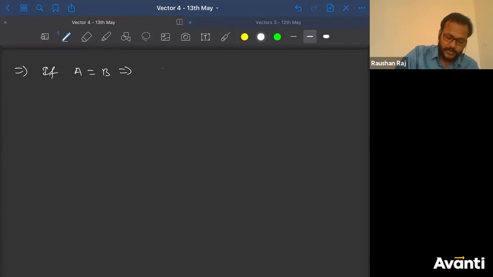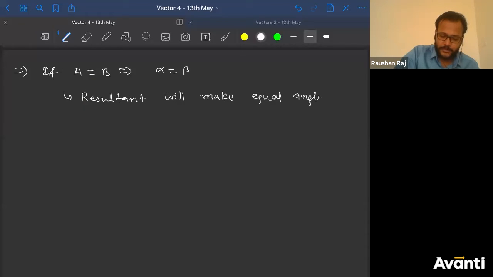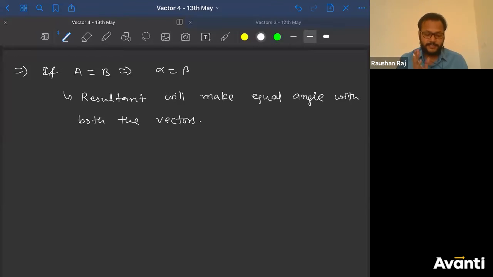If A is equal to B, alpha will be equal to beta. That means the resultant will make equal angles with both the vectors. Okay, remember: the resultant vector will make equal angle with both the vectors, or it will be aligned along the angle bisector.